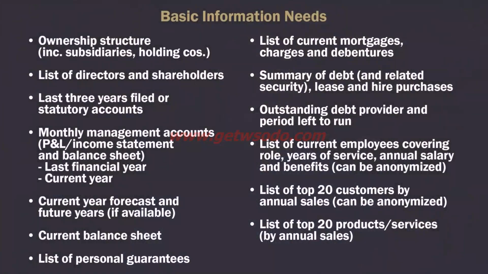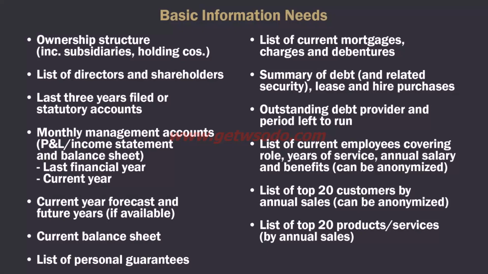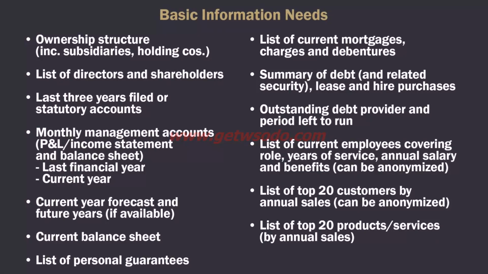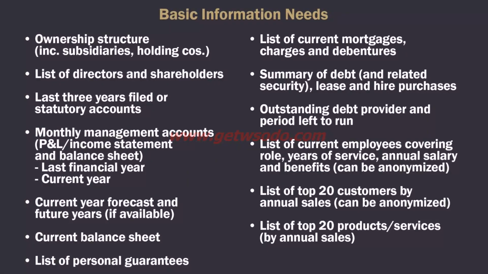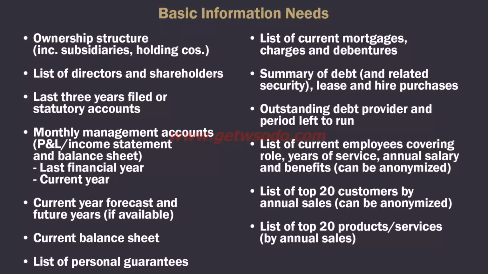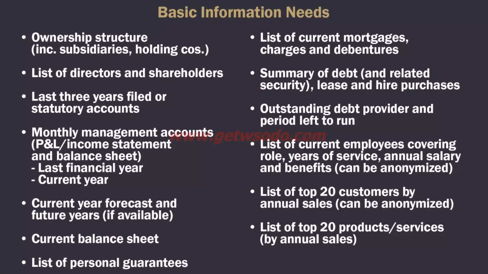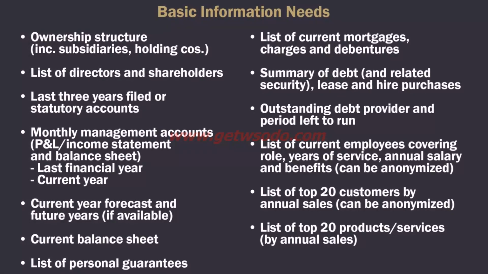And then also, we're going to use the data to do the fundraise if necessary. Now, some of this information is a must-have, like the key financial data. And some of it is a nice-to-have, like the customer list, employee data, etc. So what I'm going to do now is go through each of these items individually, tell you what the information is, and more importantly, why you need it.